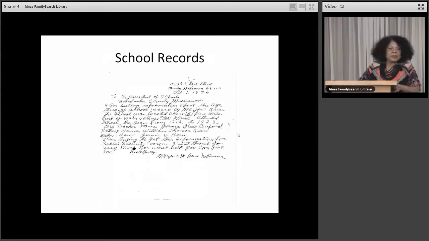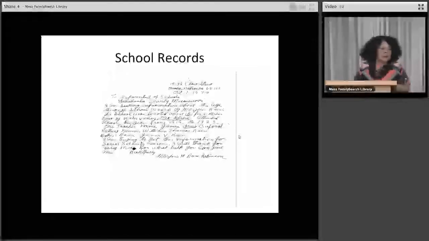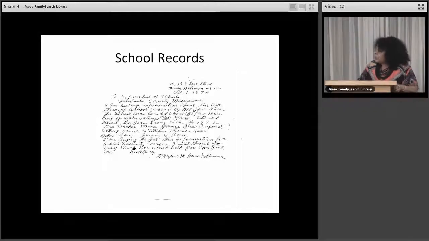School records can be useful. This is a letter that was written, I believe, in 1974 from my aunt to a school district in Mississippi. And what she was trying to do was get her Social Security benefits started. And she said, I'm seeking information about the age through school record of Marjorie Reese.